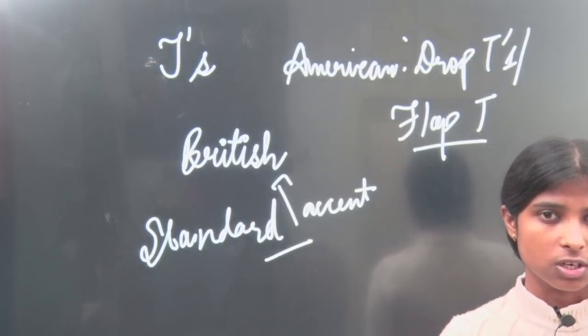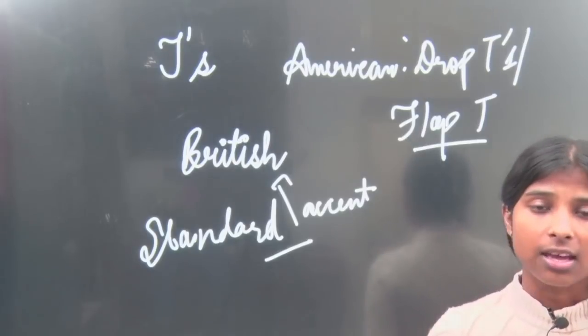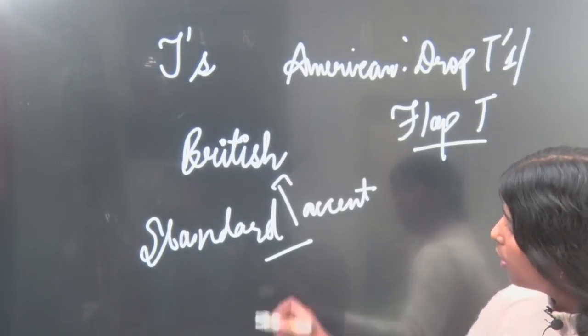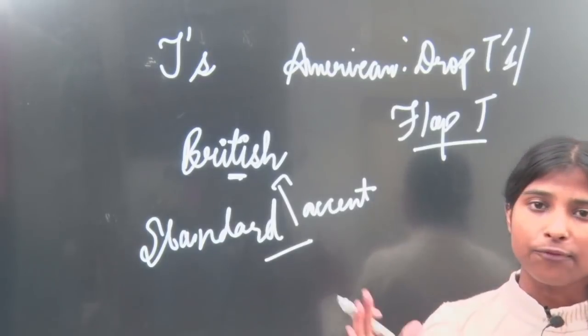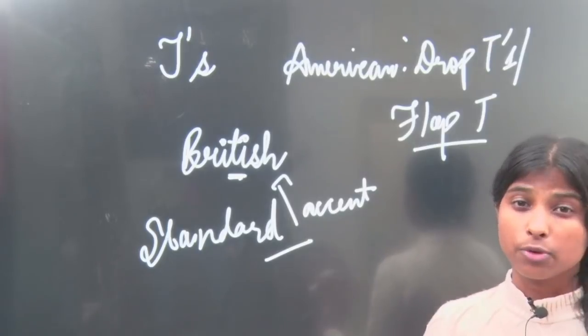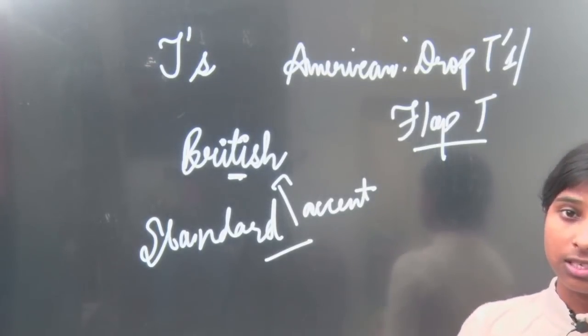A British guy will always say British, British, whereas an American guy will say British, British. So he's pronouncing the T as a flap T sound. So this is the difference.